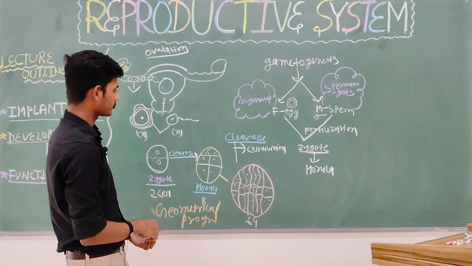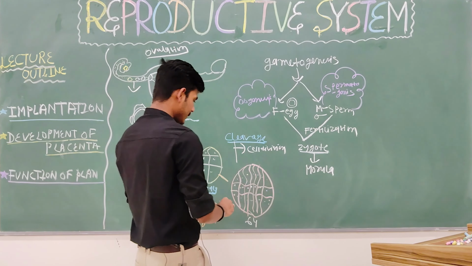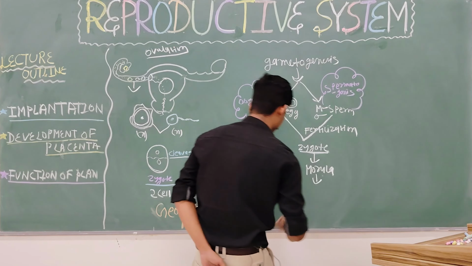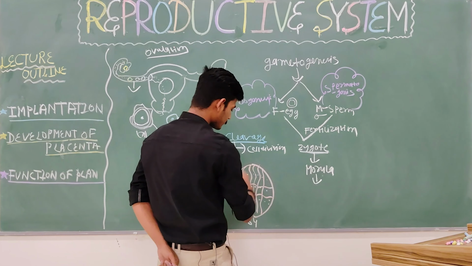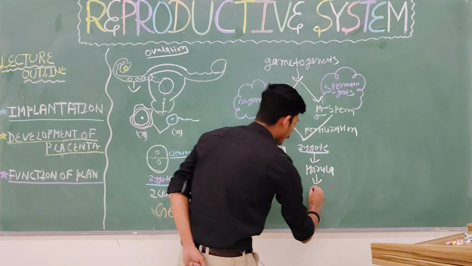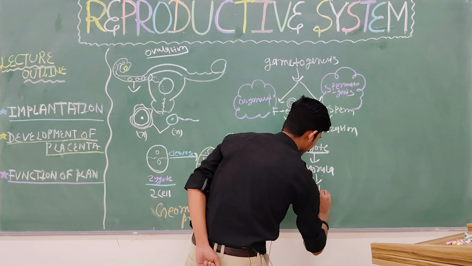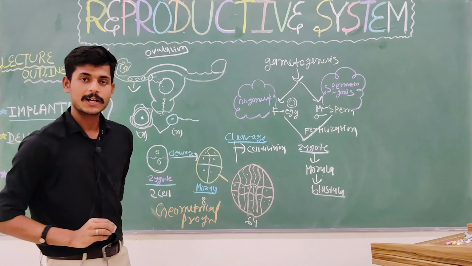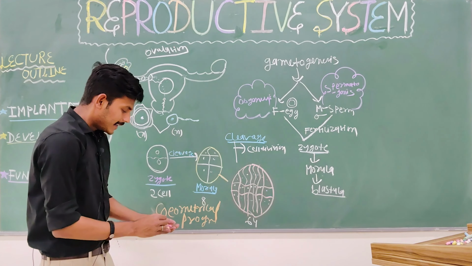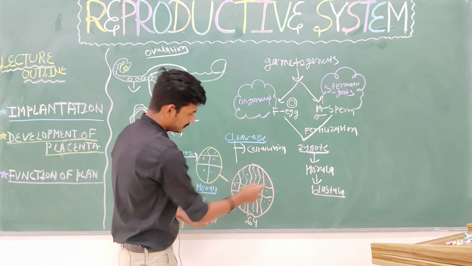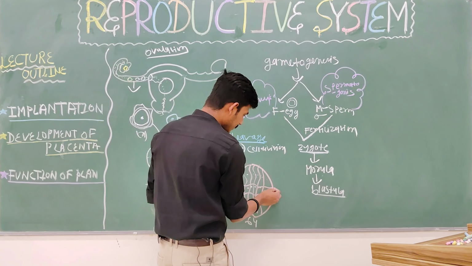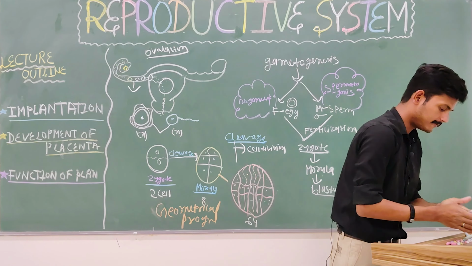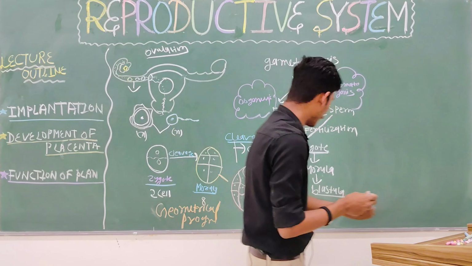Now, after it divides, this morula changes into one distinct structure that is referred to as the blastula. Are you getting my points? This blastula will differentiate into 2 layers. I'm showing you these 2 layers.